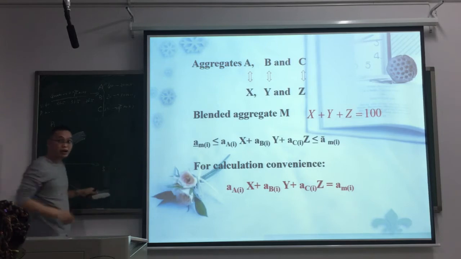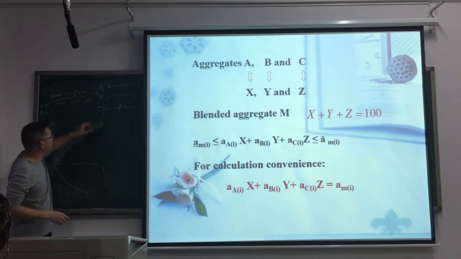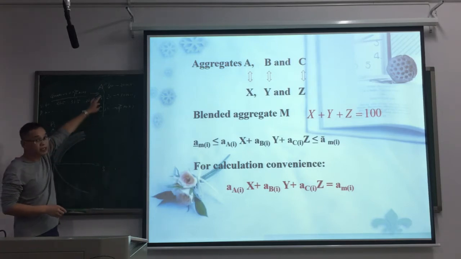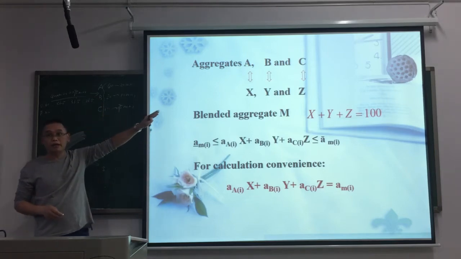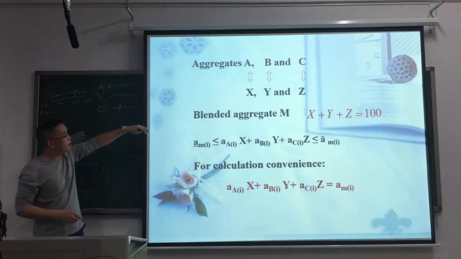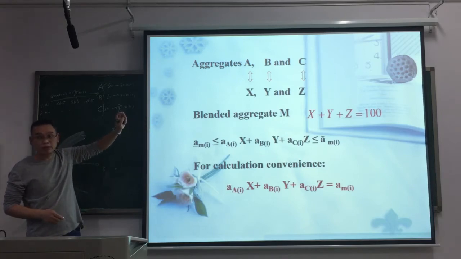Maybe there are three kinds of aggregate, A, B, C. Maybe there are two proposals.